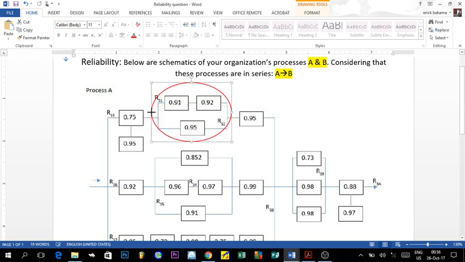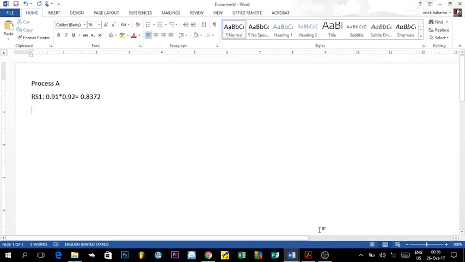So this is errors2. That means errors2 has two components. The first component is the one on the line, errors1, and the second is the one down here, which is 0.95. According to our formulas from the previous video, because they are in parallel, we will have 1 minus, you open your bracket, 1 minus the reliability of errors1 times 0.95.